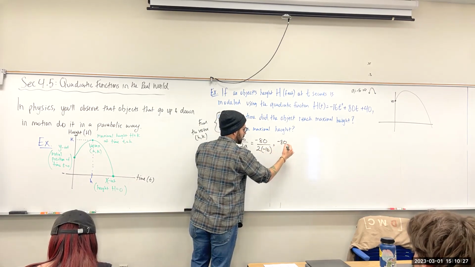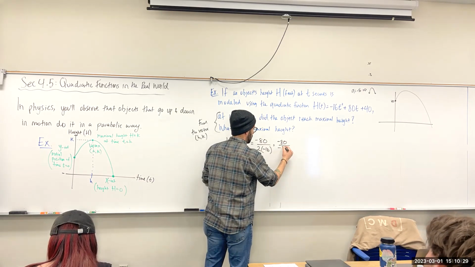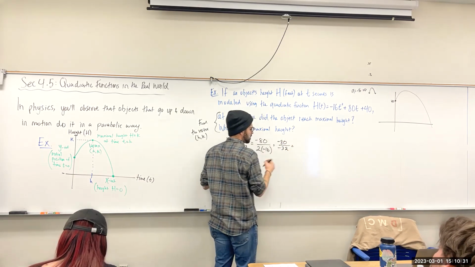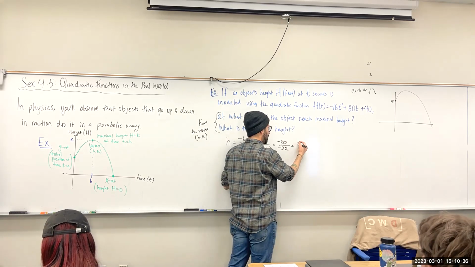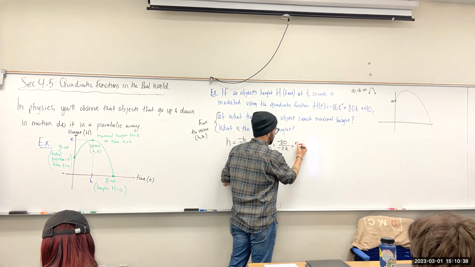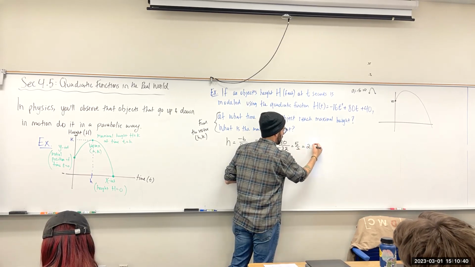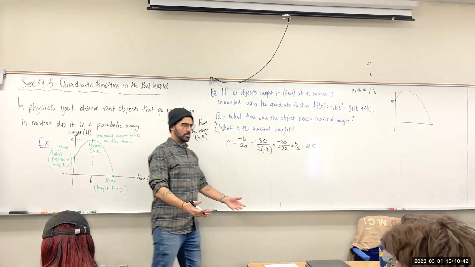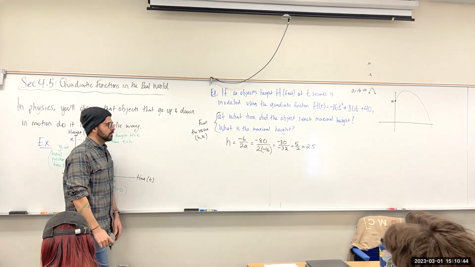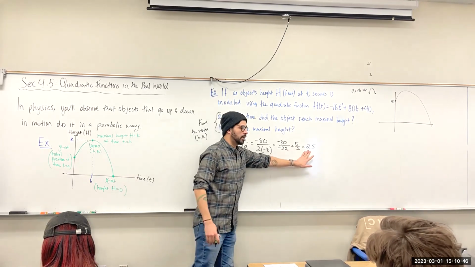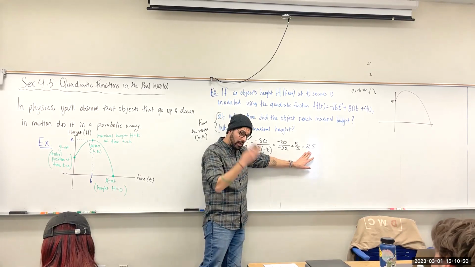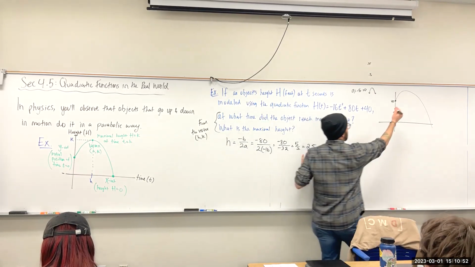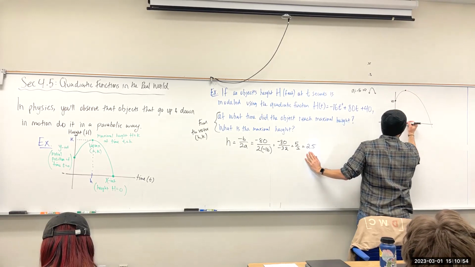This is negative 80 over negative 32, which is 5 halves, or 2.5. What does that 2.5 mean then? That's the time that you're going to have maximal height. We found it, it's right here, 2.5.